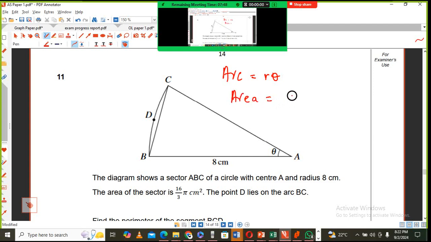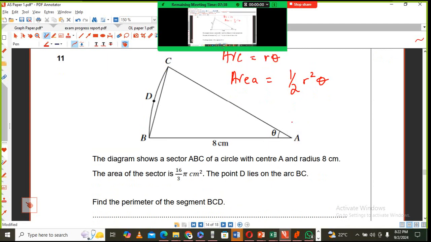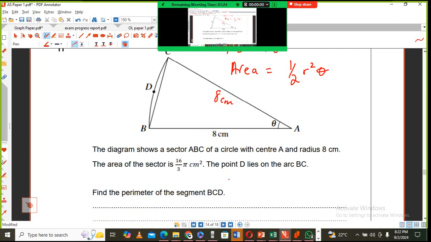Since the area equals 12 over... Always like to write those formulas down. They say you must find the perimeter of BCD. So we have a problem: we need to find theta. That is 8 centimeters. In order for us to find theta, we'll have to use the area formula.